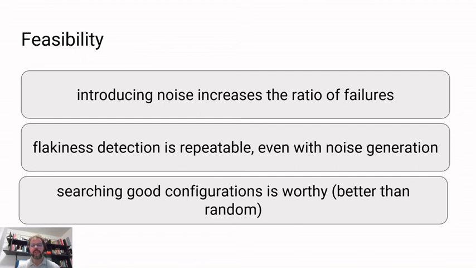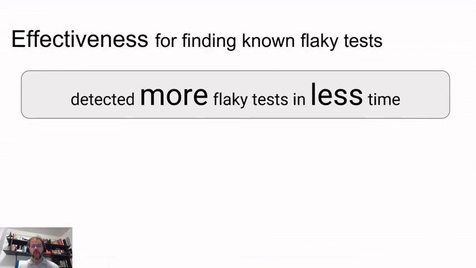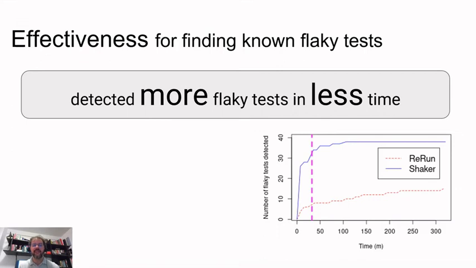But more importantly, we also evaluate Shaker effectiveness. We do so by comparing Shaker with rerun. We use the 40 tests that we knew were flaky. The results show that Shaker discovers more flaky tests in less time, as you can see in the graph.